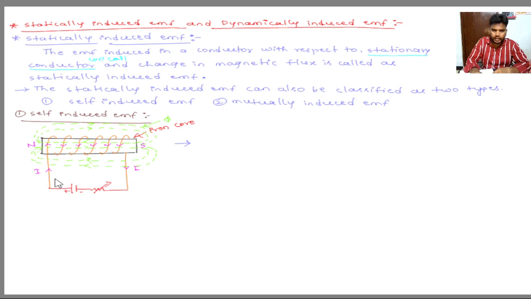When current I is changing, the flux produced by this current is also changing, and the flux phi is also changing.